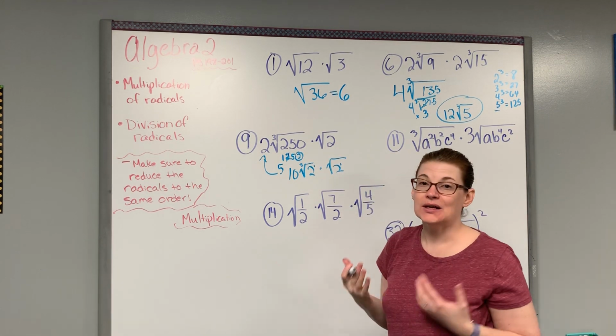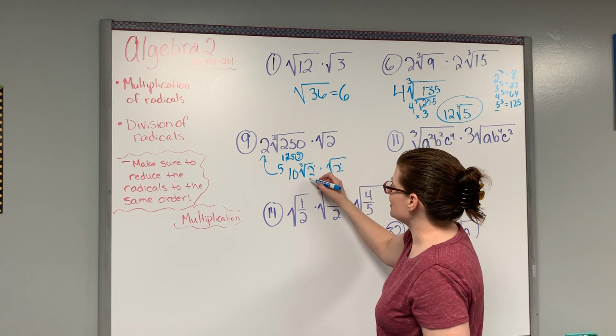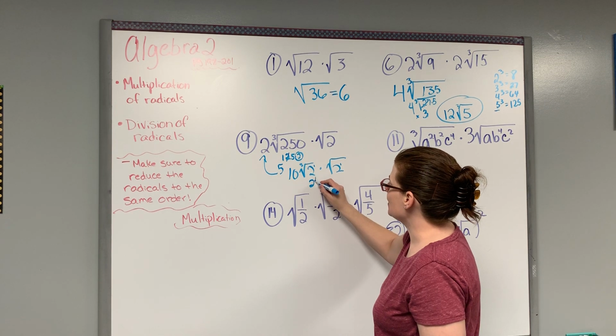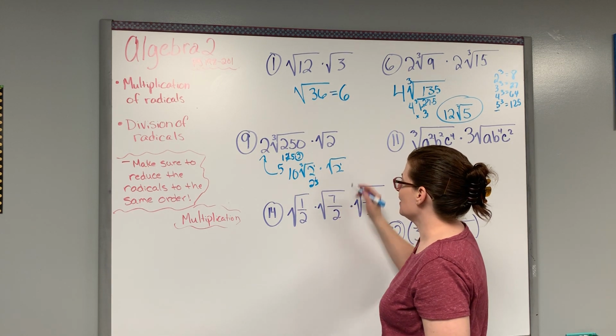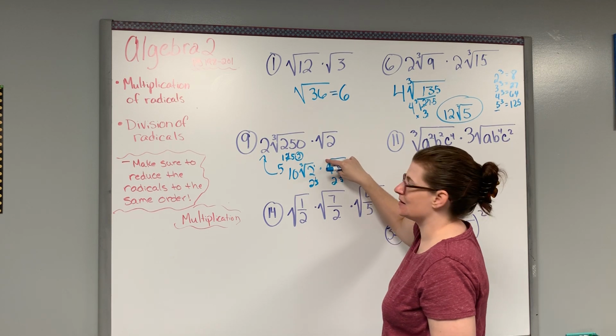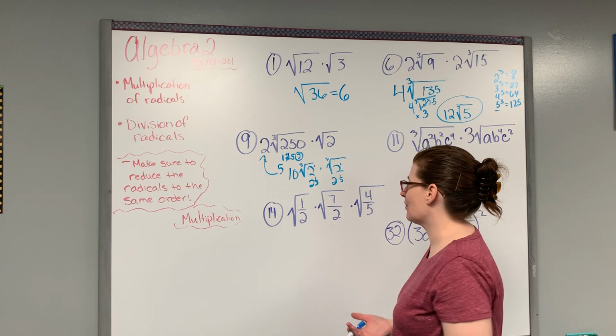We don't write them, but they're always there to the first power. So when we write this one, ignore this 10 for now. This would be 2 1/3. When I write this one, it's going to be 2 1/2 because this is an understood 2 out there. We don't write it, but you can. It's not going to be wrong.